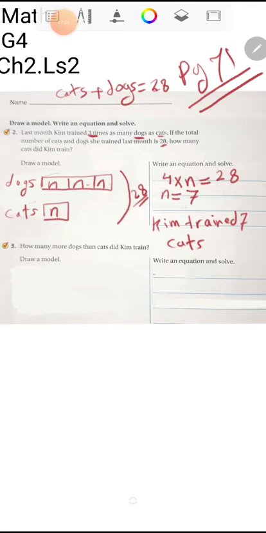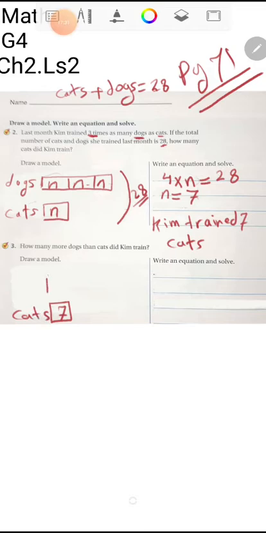How many more dogs than cats did Kim train? So I will continue with the same problem. Let's see. I found here n. N is the number of cats. So the number of cats equals 7. So I have 7 cats. What about the number of dogs?